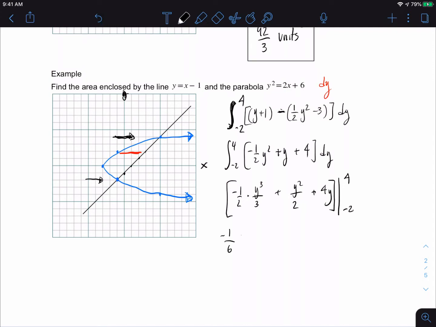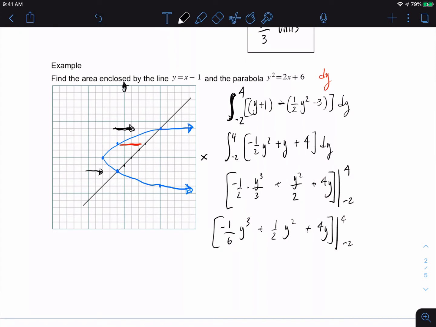But before I evaluate, I'm just going to do it this way. And that's going to give me, let's see, a negative 1/6 times 4 plus 1/2 4 squared plus 4 times 4 minus a negative 1/6 times a negative 2 to the third plus 1/2 a negative 2 squared plus 4 times a negative 2.